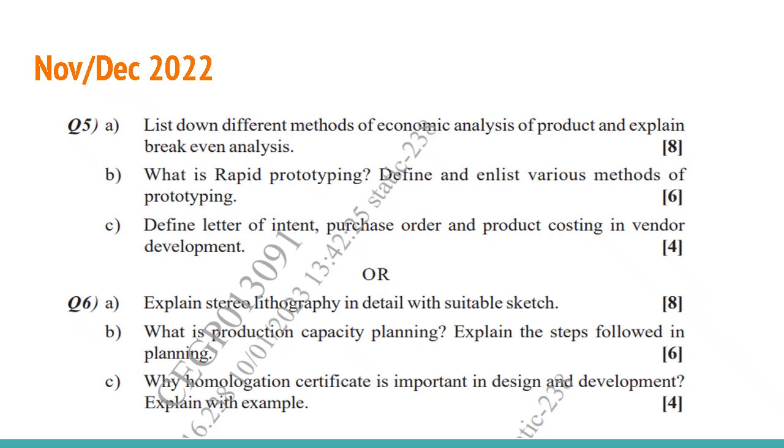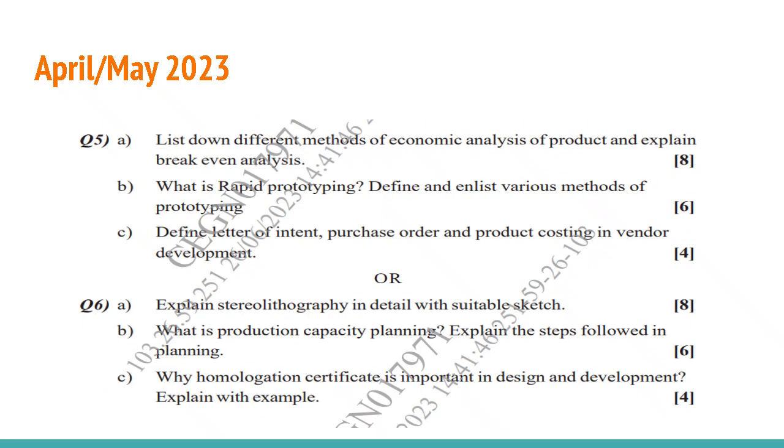Next question paper is April-May 2023. List down the various methods of economic analysis of product, explain break-even, rapid prototype, define letter of intent, purchase order and costing in vendor development, explain stereolithography, product capacity planning, homologation certification.